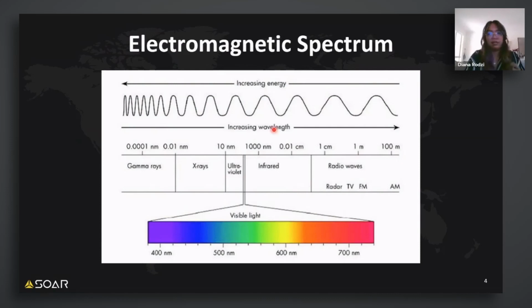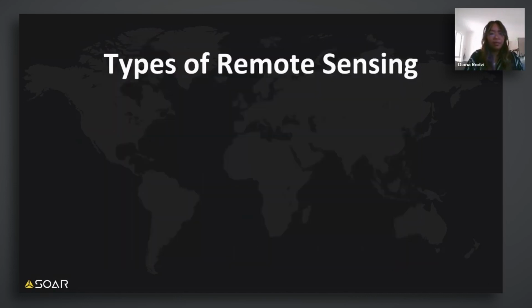The spectrum also includes infrared and radio waves, things that we get our radio and TV signals from. All of that radiation is within the electromagnetic spectrum, and the sensors pick up that radiation and feed it back to us as imagery. Now, when talking about remote sensing, there's a couple of types.